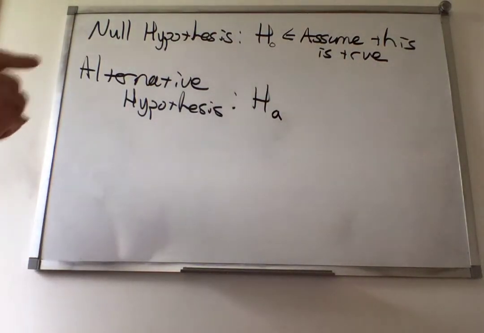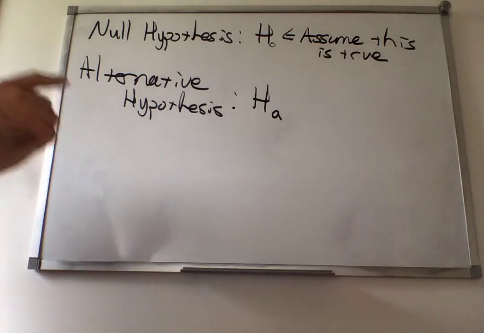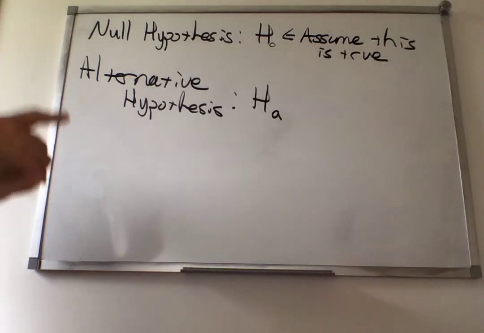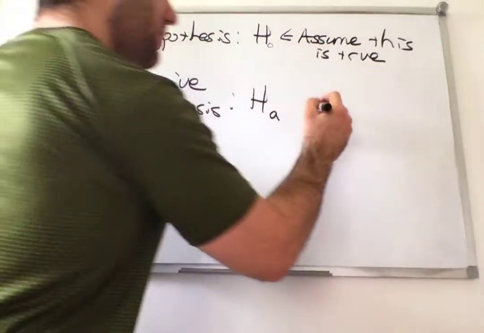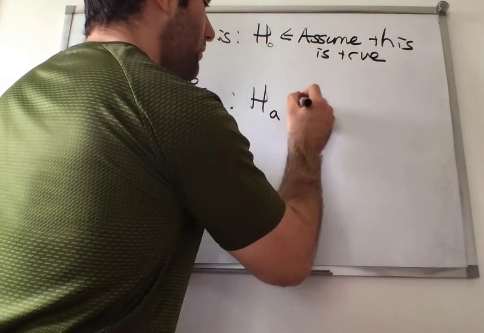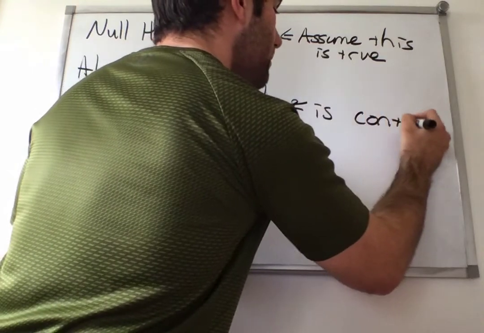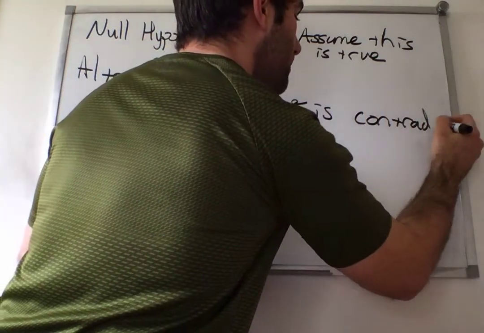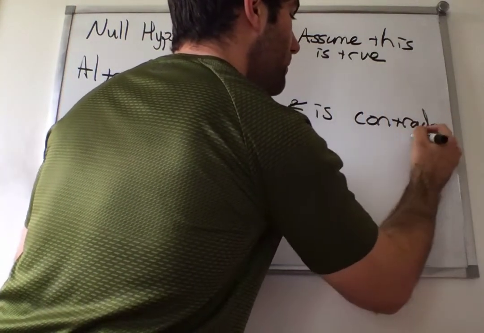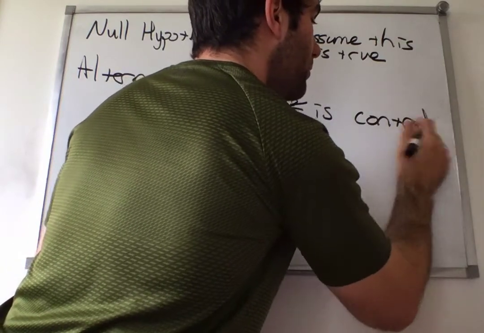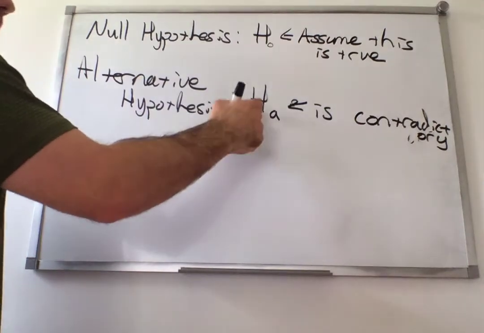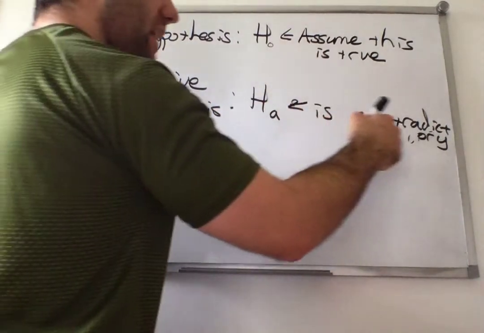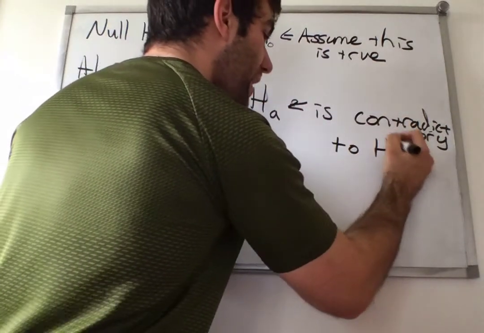Now, this is another statement about the population parameter. The alternative hypothesis is contradictory to H naught.